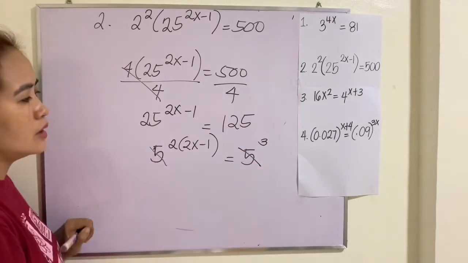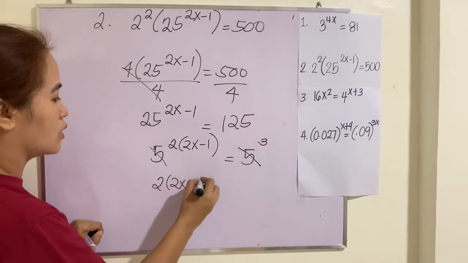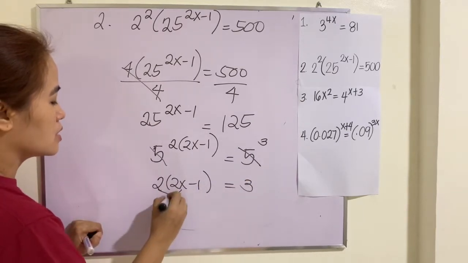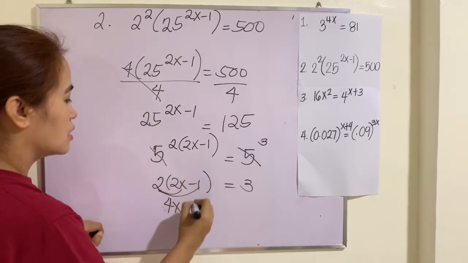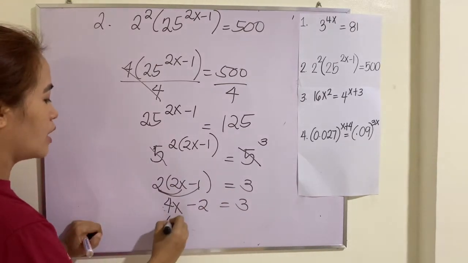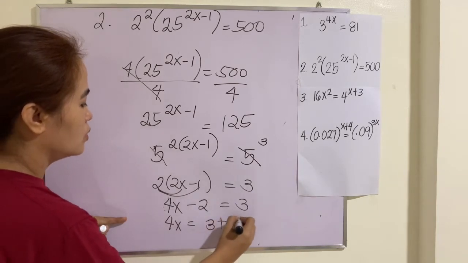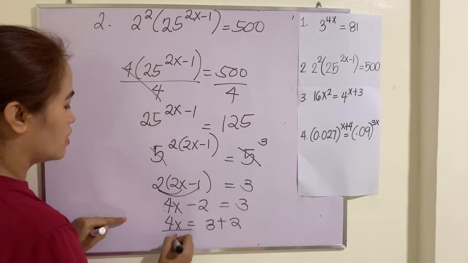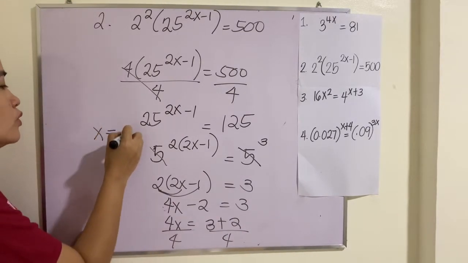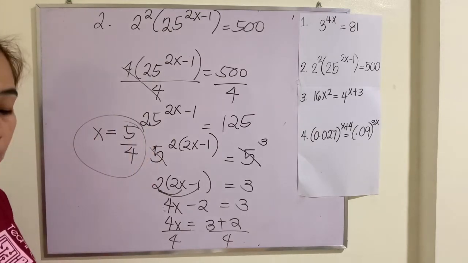So you create now the exponential equation: 2 times 2x minus 1 equals 3. This is 4x minus 2 equals 3. Solving for x, we have 4x is equal to 3 plus 2. Divide by 4 on both sides. So x is equal to 5 over 4. That's example number 2.